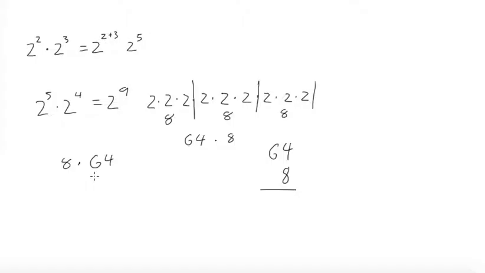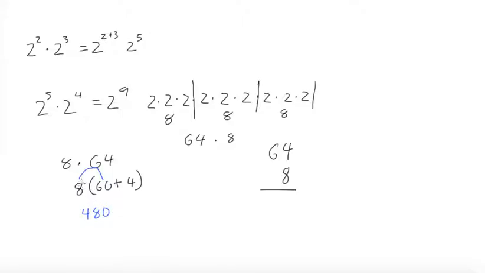And you could separate that 64 into 60 plus 4, times 8, okay? And then you distribute. So you could do 8 times 60. Well, 8 times 6 is 48. And then you have that 0, so it would be 480.